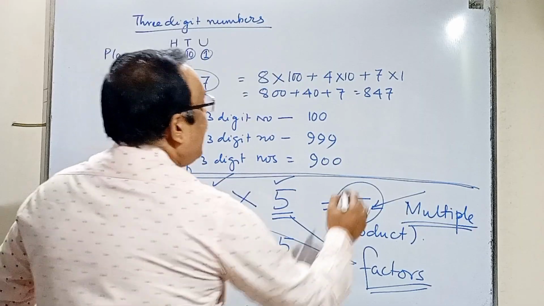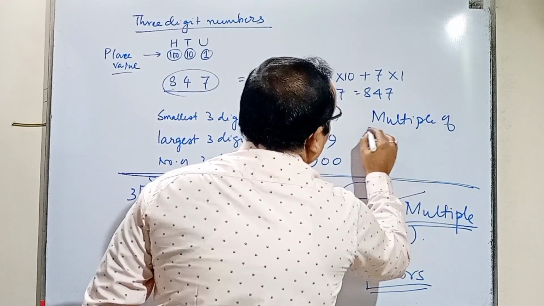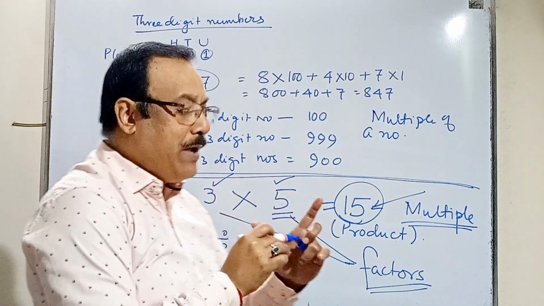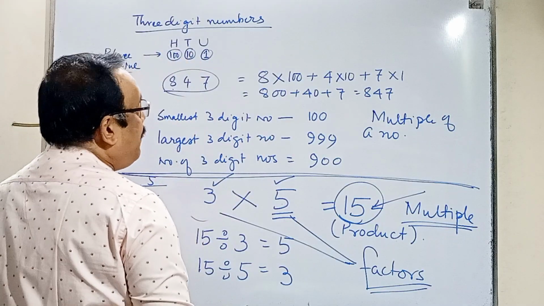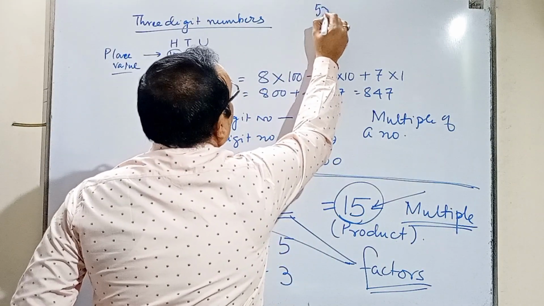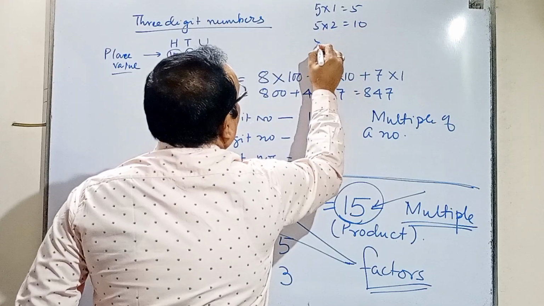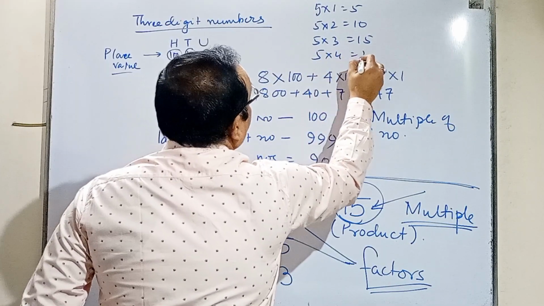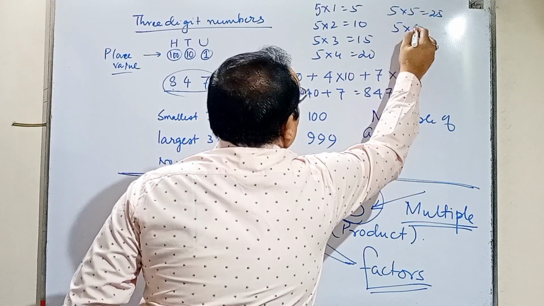Say, the multiple of a number is any number obtained like this. Suppose I want to know the multiples of 5. Multiples of 5 will be 5 into 1, 5; 5 into 2, 10; 5 into 3, 15; 5 into 4, 20; 5 into 5, 25; 5 into 6, 30.